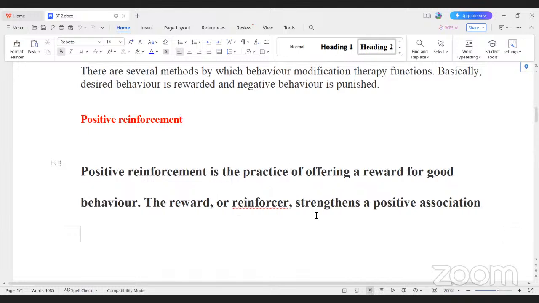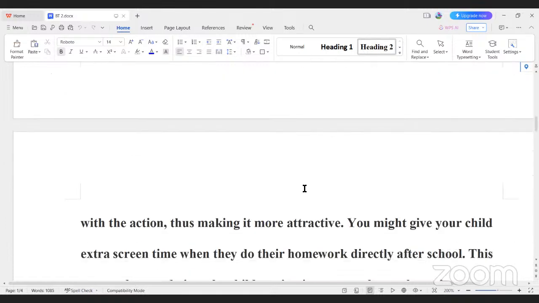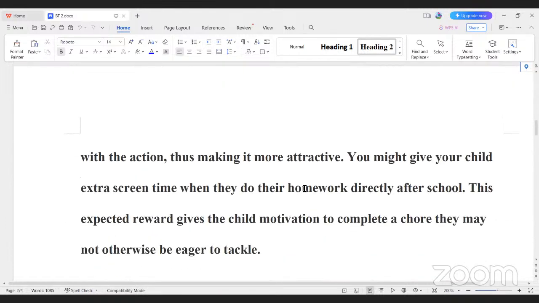The reward or reinforcer strengthens a positive association with the action, thus making it more attractive. You might give your child extra screen time when they do their homework directly after school.